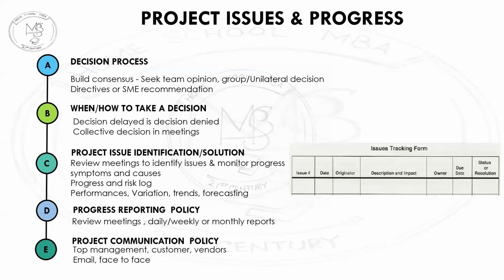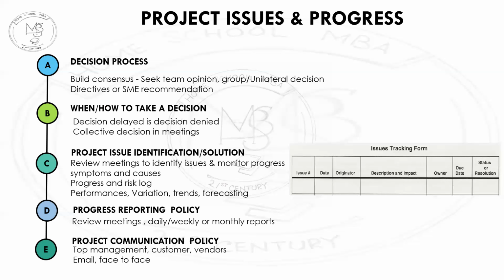Then performance is measured, evaluated, and variations are identified, and you make sure these variations are met and have some relevance to specification. Then trends are also identified, and then you forecast.